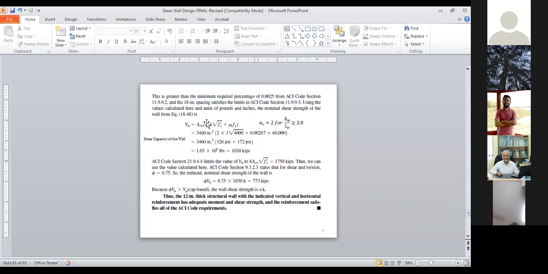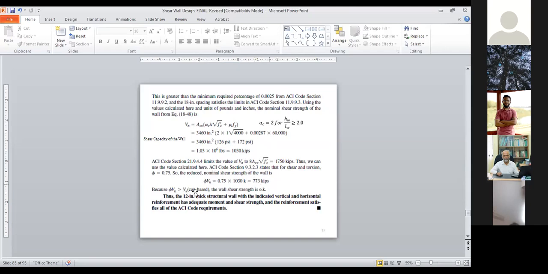Then you can calculate the shear capacity of the wall using this equation. You can calculate the nominal shear capacity of the section. You can get 1030, and then the design shear capacity will be 773 kips.